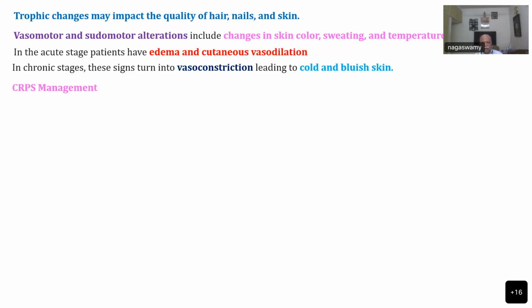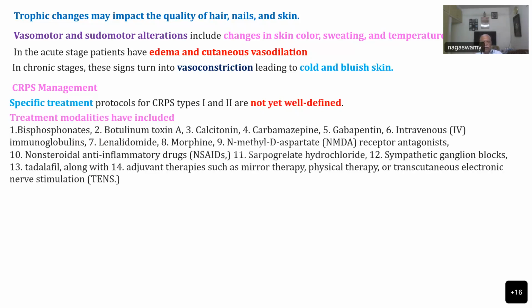Now, this much description for a short-term question may be sufficient so that you can finish it much faster. And coming to the management, specific treatment protocols are not yet defined. So the treatment modalities include, you can remember the names, it is more or less given in alphabetical order.